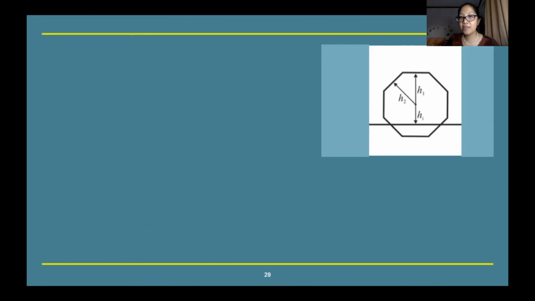In the next case, we have distances from Wulff's point, h1, h2, and h sub I. h1 is proportional to sigma 1, h2 is proportional to sigma 2. Those are free surfaces with a specific surface energy. Then what's important is h sub I, the distance from Wulff's point to the contact plane.